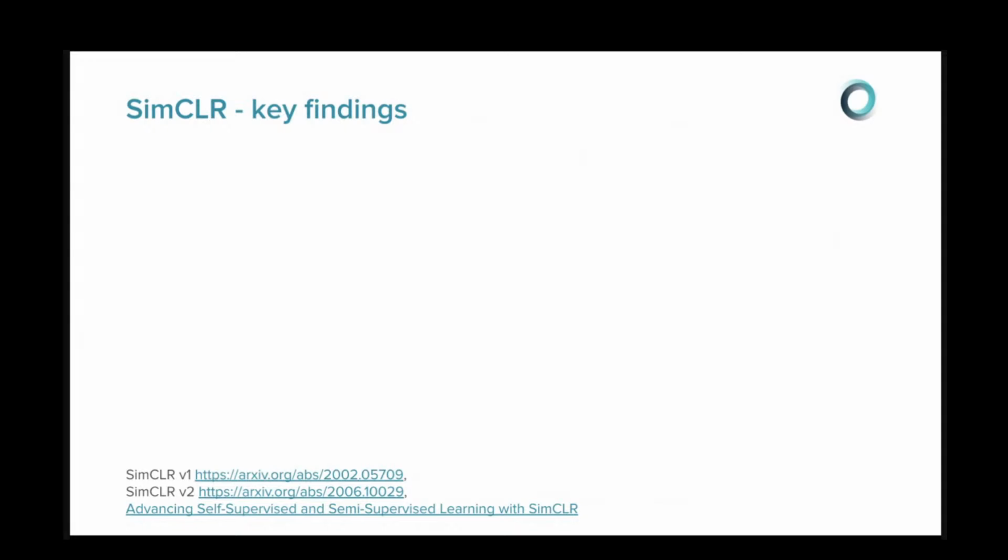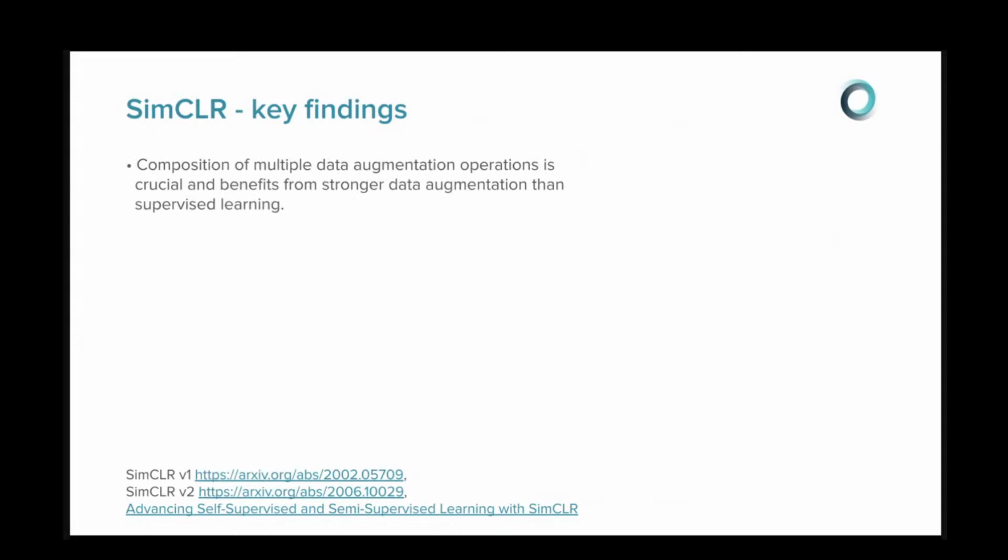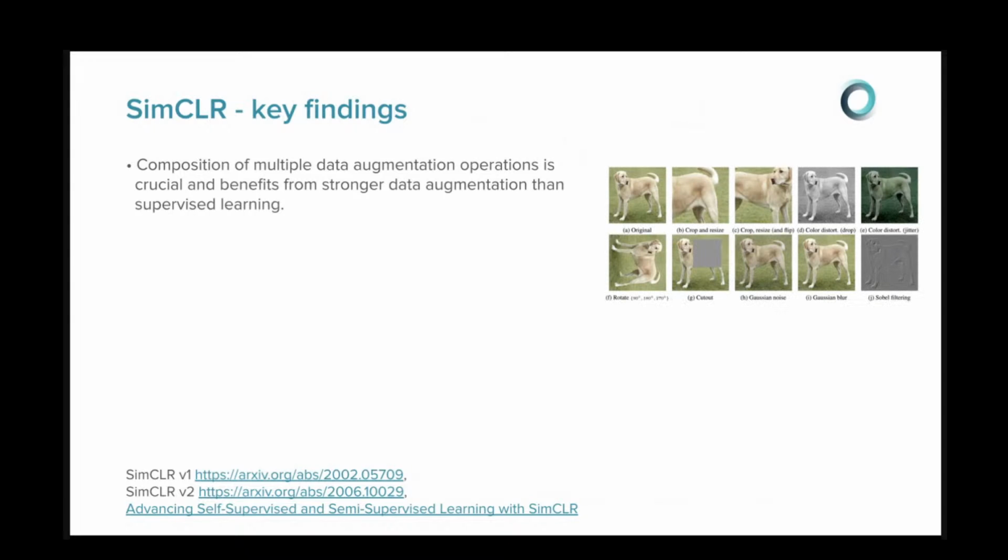This brings us also to the key findings. In the SimCLR paper, they found out that you need a lot of data augmentations to make that work, and interestingly, much more than you would usually use in a supervised setup. Here you have a few examples. They mention, I guess in the appendix, that very strong color distortion was necessary because otherwise the model could learn a kind of shortcut because of the color composition.